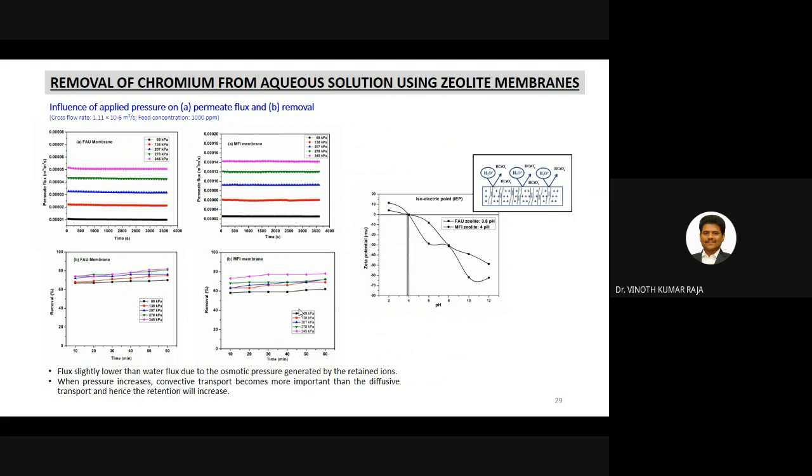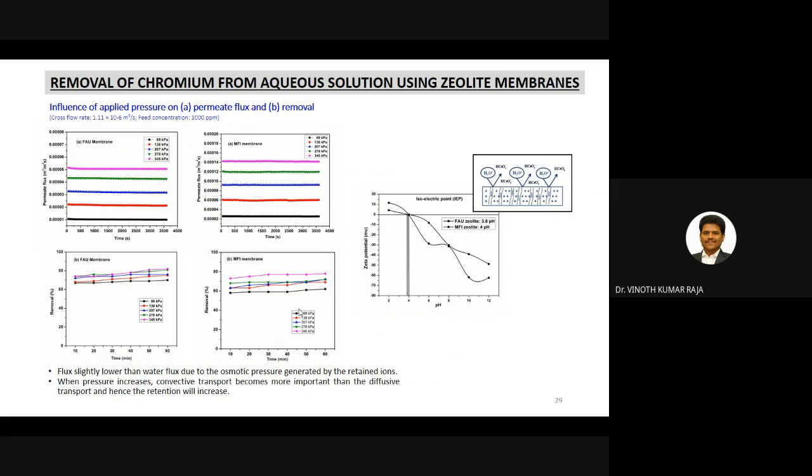The percentage of chromium removal increases with increasing applied pressure. This is due to the concentration polarization effect that does not occur in the initial period of operation. At a higher applied pressure it is happening, and with increasing time the retention of ions also takes place within the process.